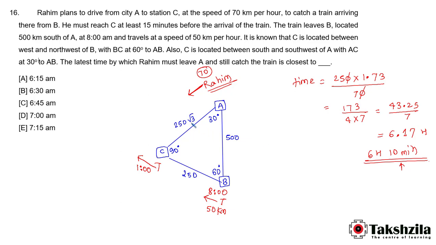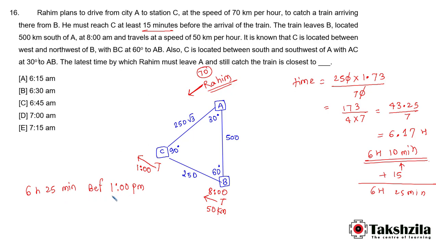It is also given that he should reach at least 15 minutes before the arrival of train, means plus 15. That is equal to 6 hours 25 minutes before 1 p.m. he should reach the station C. Let's calculate this.